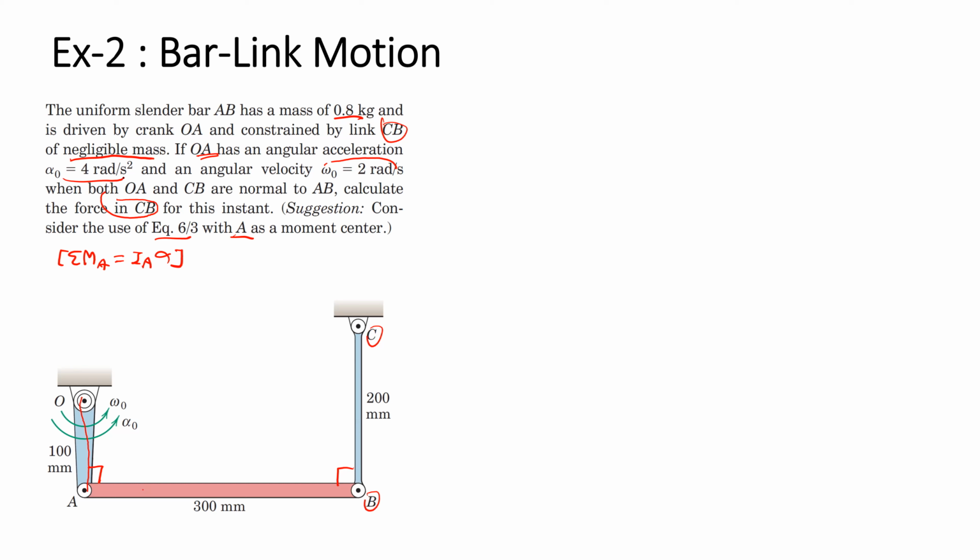In the previous example, they give the information of moment, and we need to think about the effect of the moment on the alpha, the omega. But in this case, they give alpha and omega in this instant, but they didn't talk about the moment of inertia.